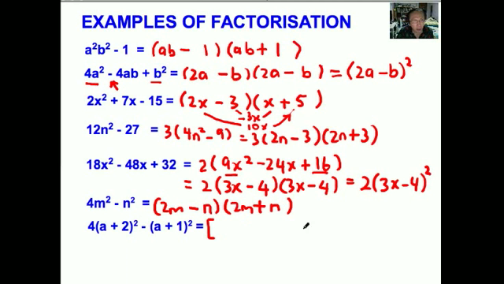In the last example, this is similar to the previous sum. This is 4m squared and this is (4a plus 2) squared. To get 4, we multiply 2 times 2, and to get m squared, we multiply m times m.